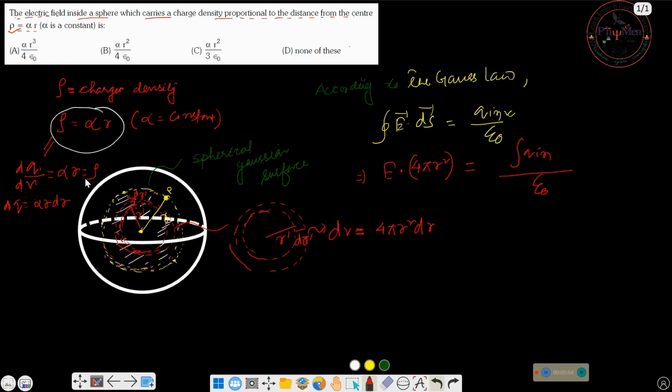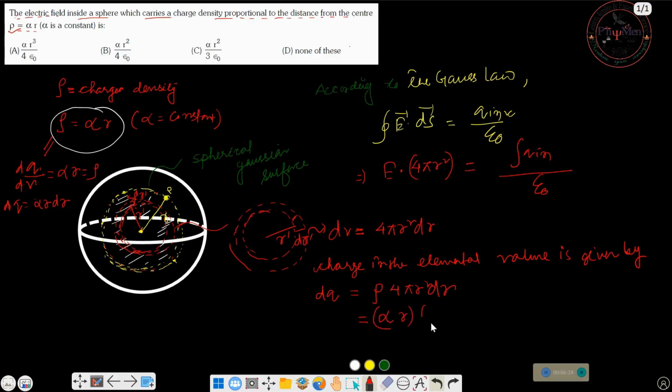From this, the charge in the elemental volume is given by dq is equal to rho into 4 pi r square dr. Here rho is given as alpha into r, so dq is alpha r into 4 pi r square dr.